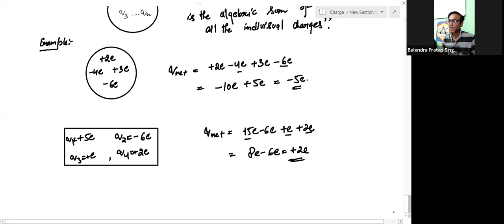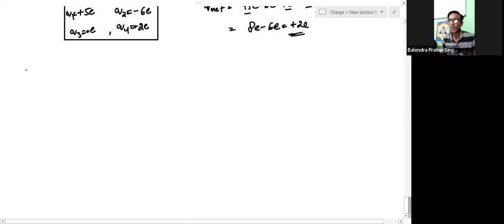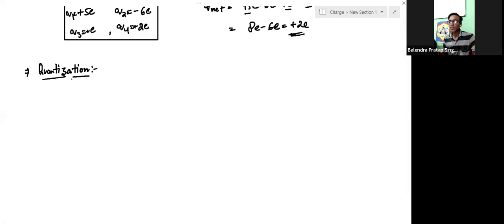Okay. Now the next property is quantization. The quantization property says that charge is quantized.